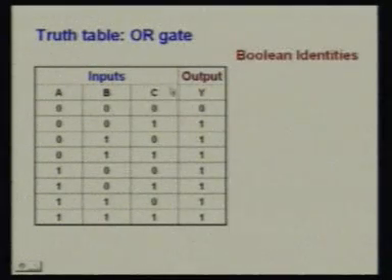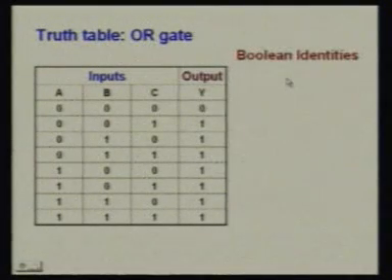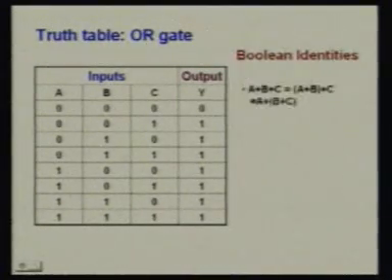So now we will discuss the Boolean identities. In Boolean identities we have some logical inputs like A, B, C, and we see the relationship between logical inputs following the OR gate. We may add A plus B plus C in any way.